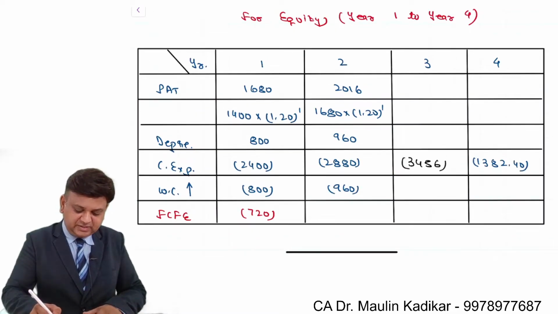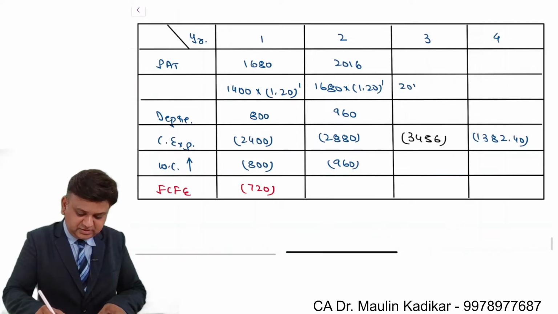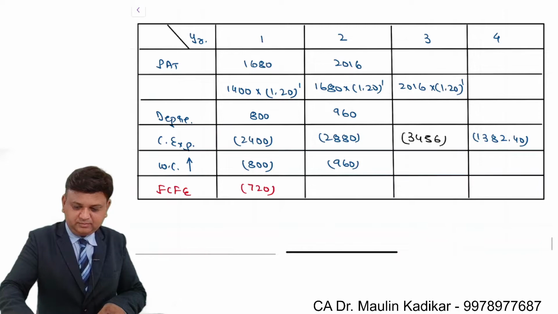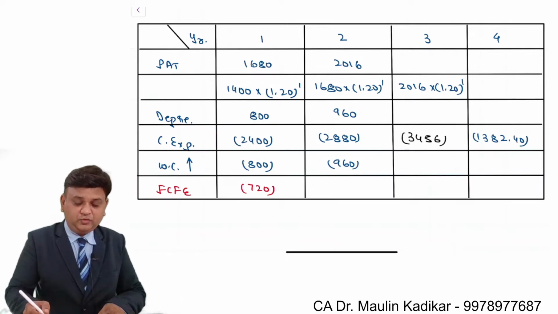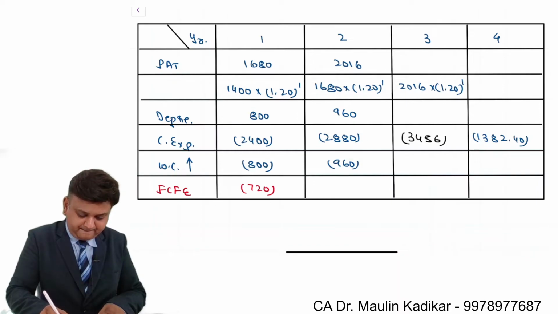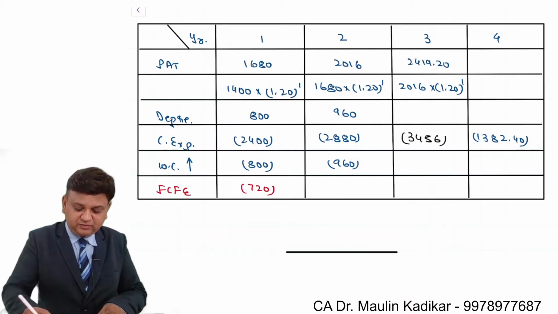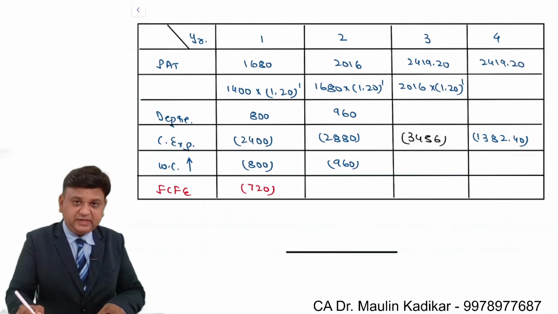The profit after taxes will be 2016 into 1.2 raised to 1, 2419.2. For the fourth year, it will be the same, 2419.2.